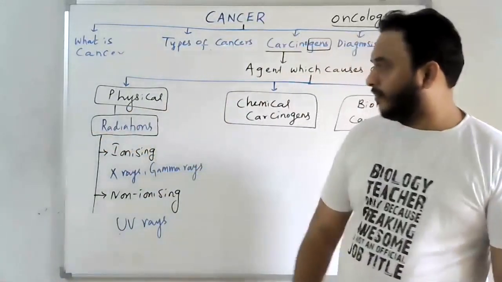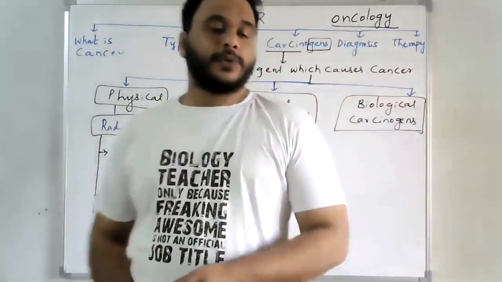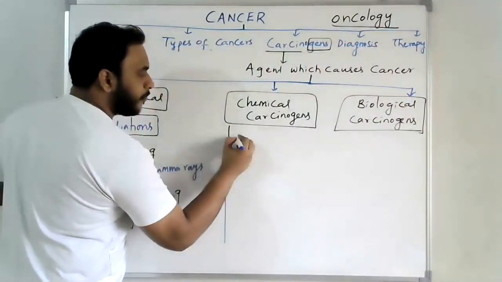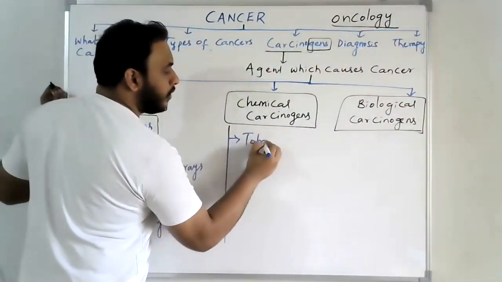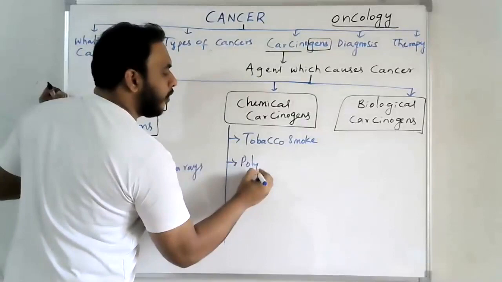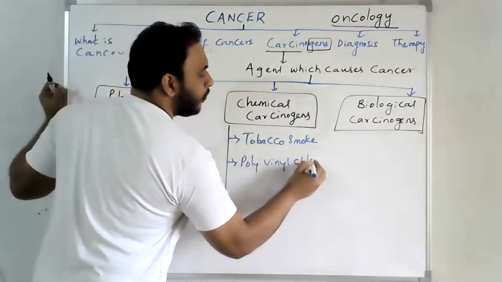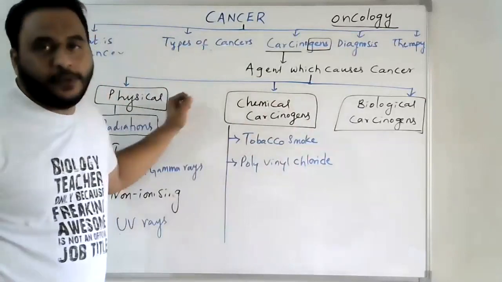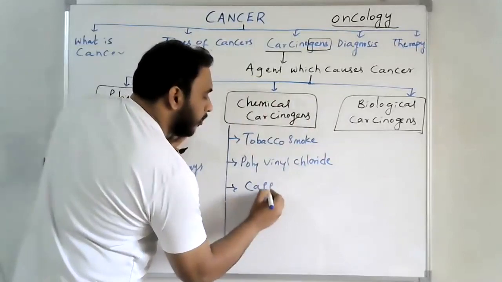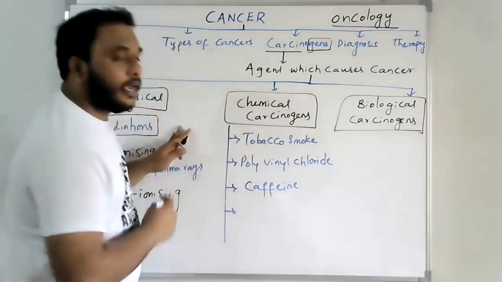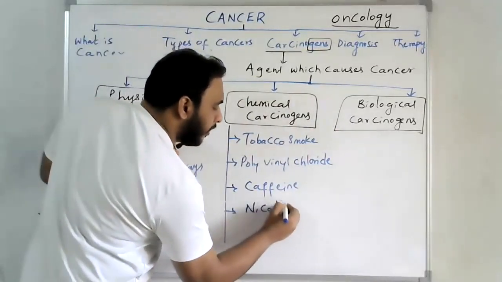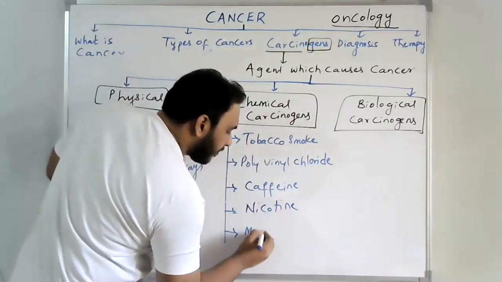And coming to chemical carcinogens, these mainly include tobacco smoke, polyvinyl chloride, we call it PVC normally, and also caffeine, and then nicotine and mustard gas.